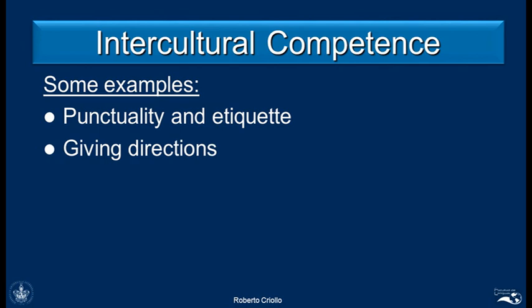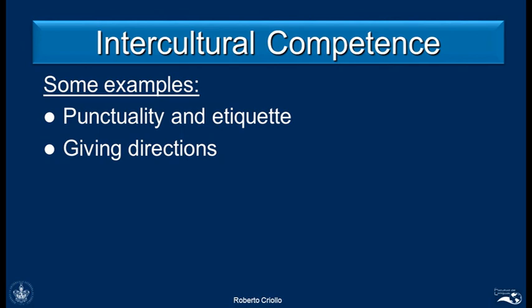Another example that I wanted to mention is giving directions, because here in Mexico there is something very particular. That means that if somebody asks you for directions, we don't want to be rude, and I'm using my air quotes on the word rude.